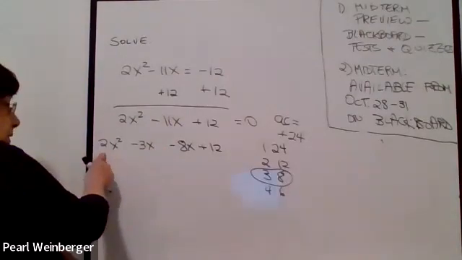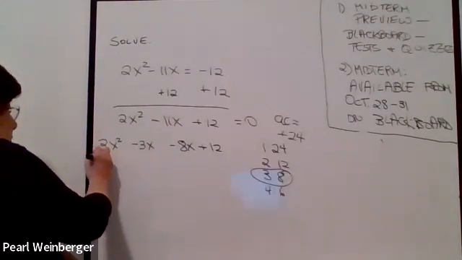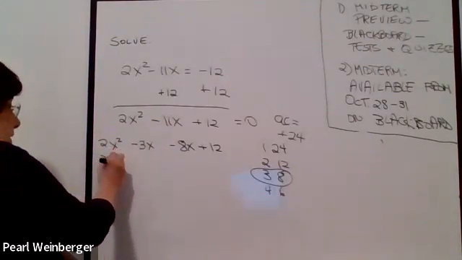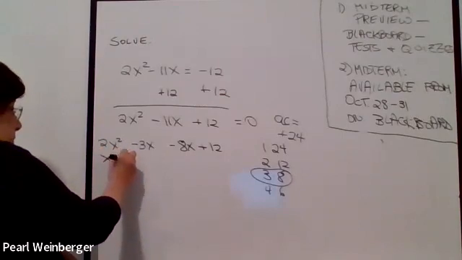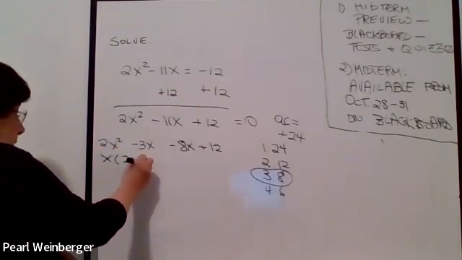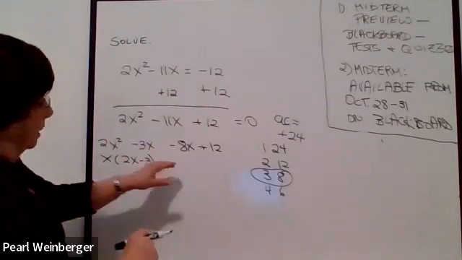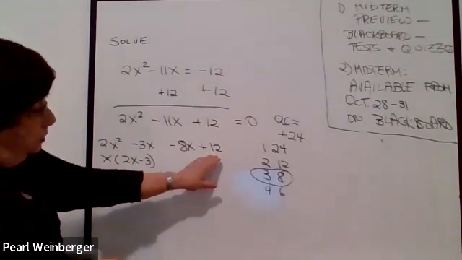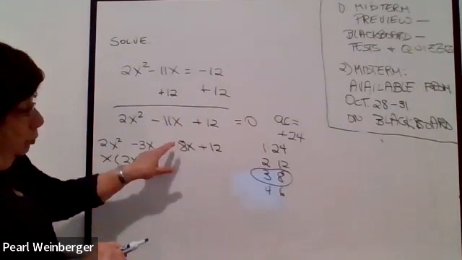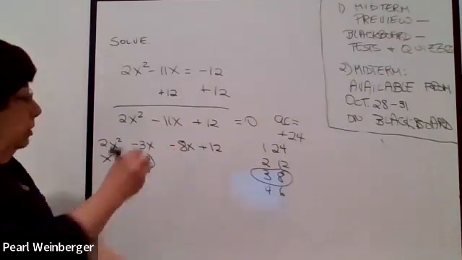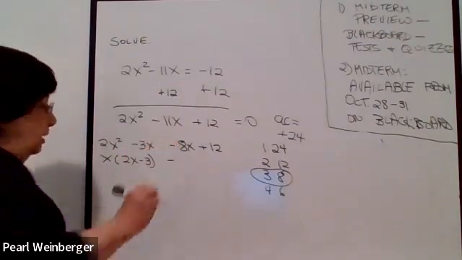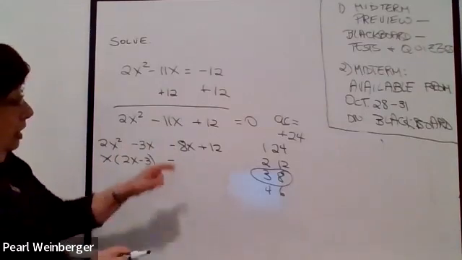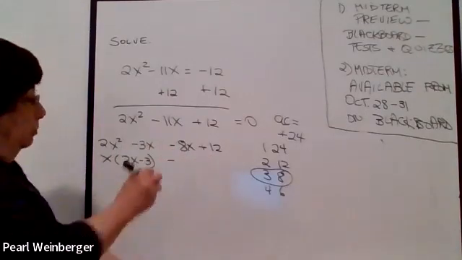In our first group, we have 2x squared minus 3x with a common factor of x. So this gives us x times 2x minus 3. In my second group, I have negative 8x plus 12. My second group starts with a negative, so part of the common factor has to be negative. And 8 and 12 will give us 4.